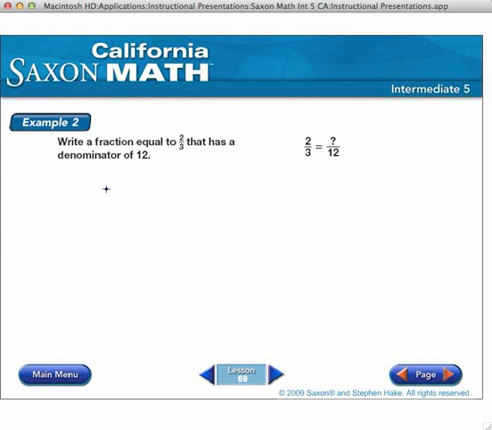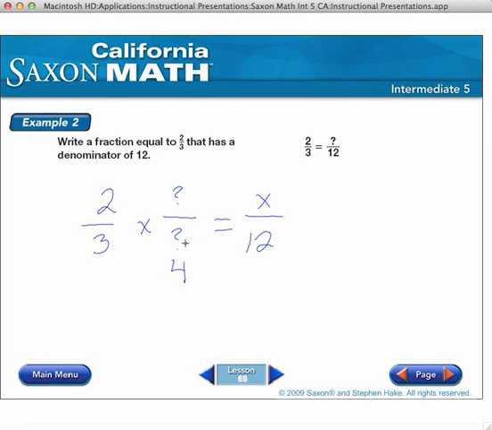So I'm going to set this problem up. 2/3 times what fraction equal to 1 equals x over 12. And I'm going to change this from a question mark to an x because we've actually been using question marks here. So I'm going to figure this out by saying 3 times what equals 12? Well, I know that 3 times 4 equals 12.